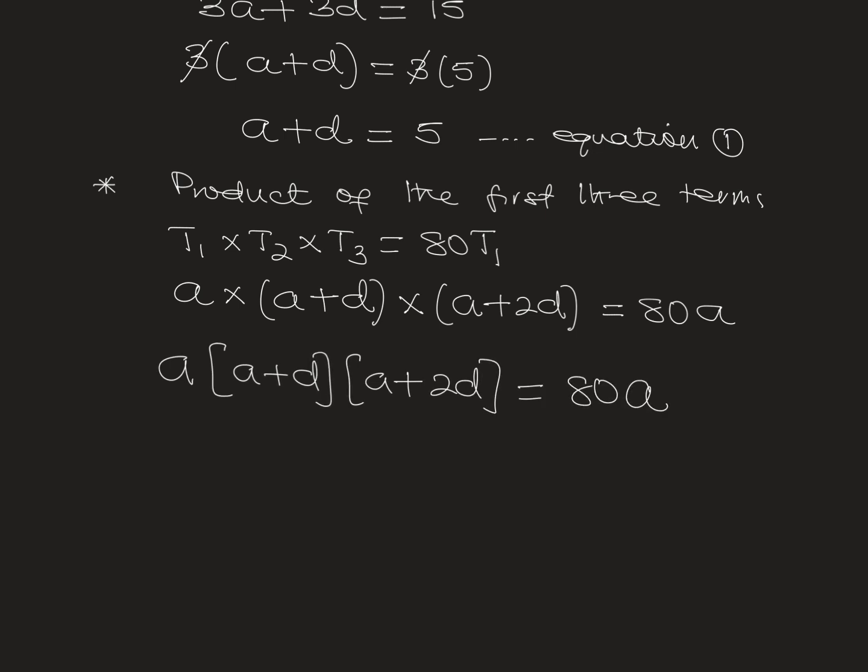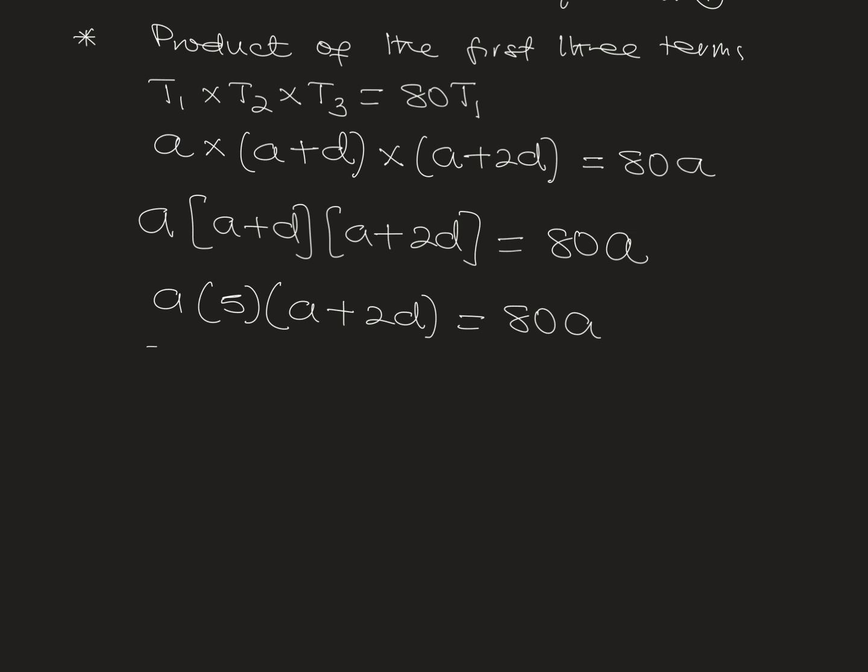But if you look here, A plus D is just 5. So instead, I can just say A into 5 into A plus 2D is equal to 80A.